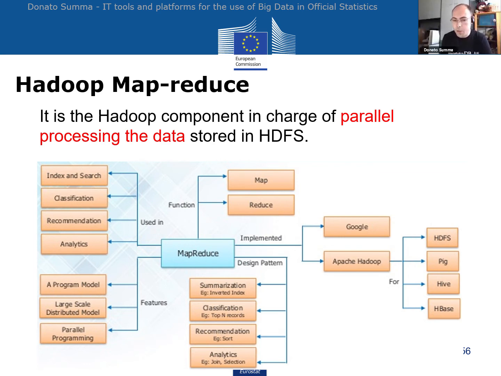In particular, MapReduce is an algorithm, a way of doing things, and is implemented in Apache Hadoop and used by several Apache Hadoop components such as HDFS that we already talked about, Pig, Hive, and HBase.